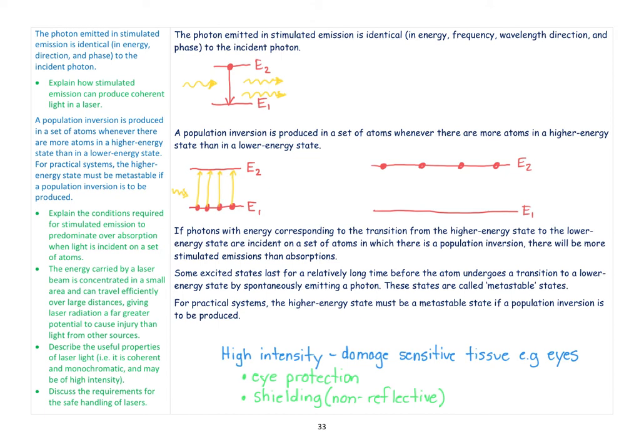But if we can create a lot of atoms being in a higher energy state, like in this diagram here, so when we have more in the high energy state than the low energy state, that's what we call a population inversion. And now, if we put light onto that, we will get all these stimulated emissions that will release 2 identical photons.